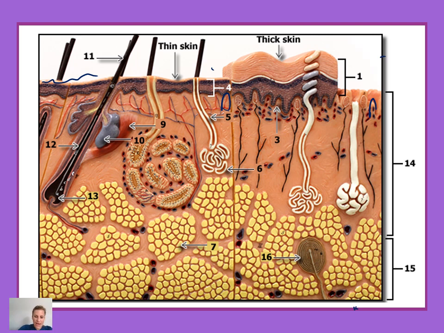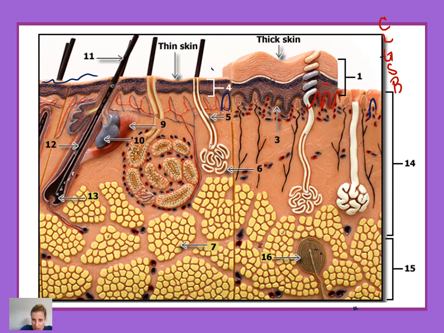So let's go ahead and identify the layers that are present in the epidermis. Remember, they are: boys say girls like clothes. So the bottom layer, this dark purple line that you see, is the stratum basale.